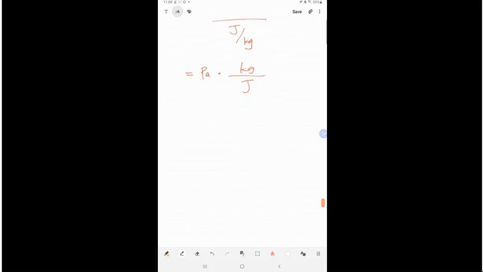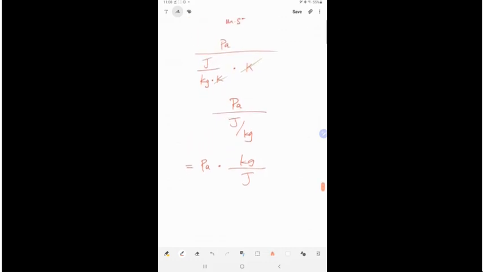And now we're going to start expanding things. One other thing that I'll mention here is that a joule is a unit of energy, again named after a very famous scientist.